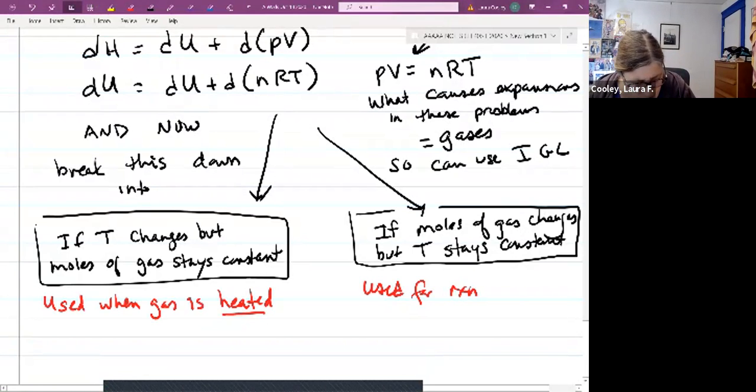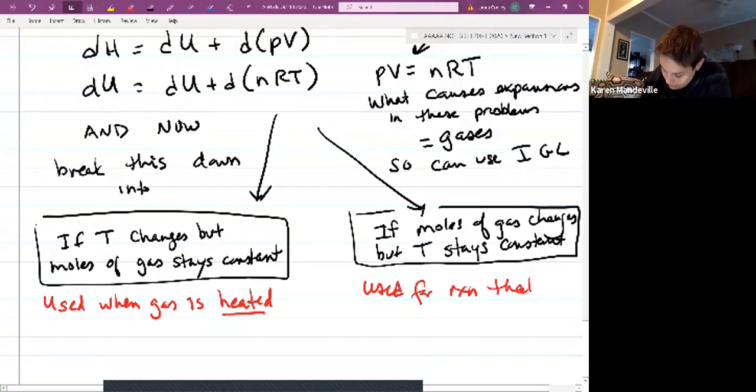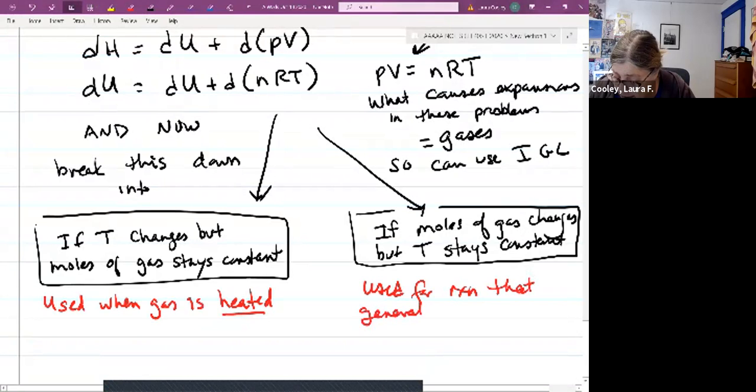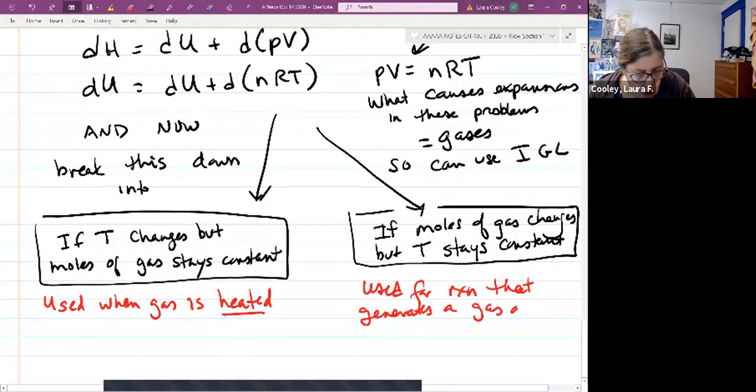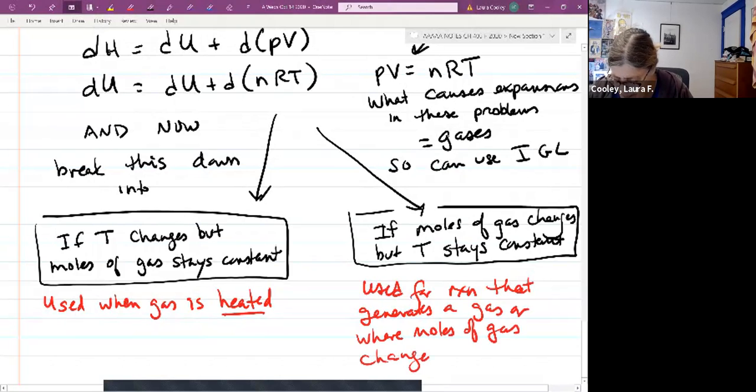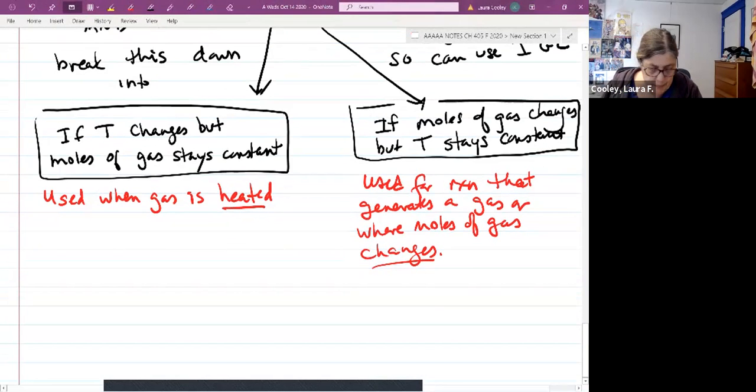No. Used for a reaction that generates a gas, or where the moles of gas changes. Okay.